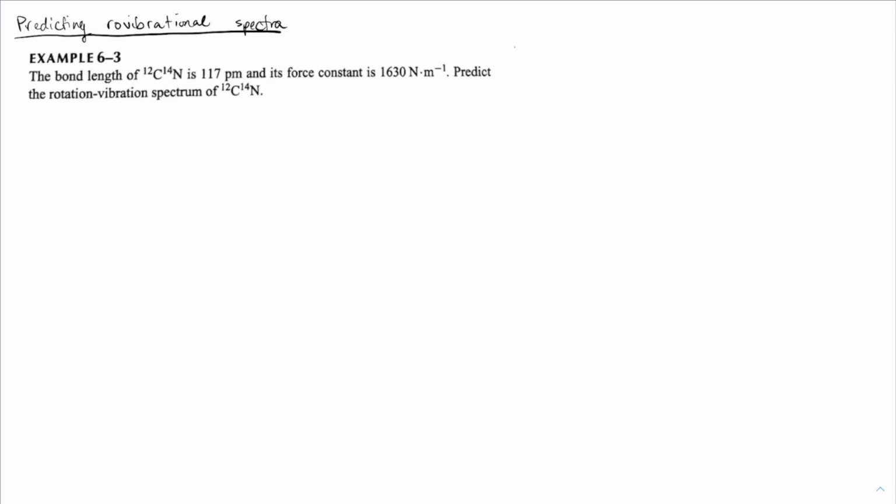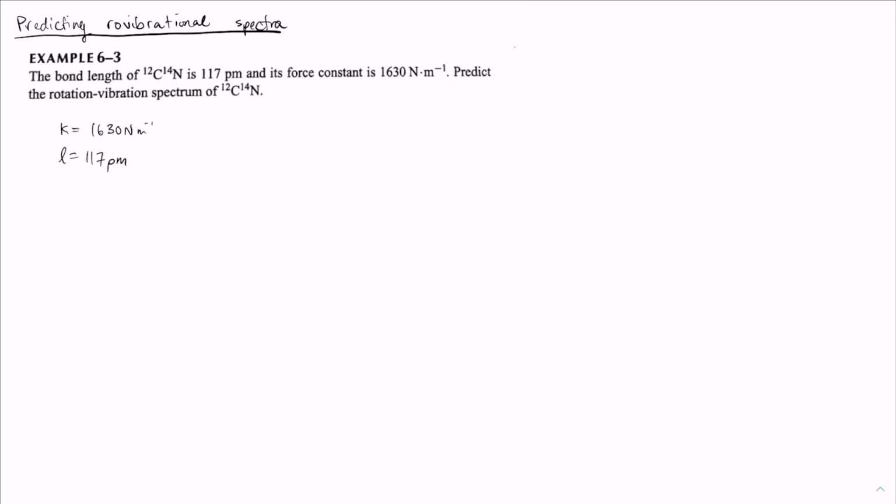Okay, so our knowns are the force constant, K equal to 1,630 newtons per meter, and the bond length, which I'm going to say L is equal to 117 picometers. Now remember the spectra that we saw before.